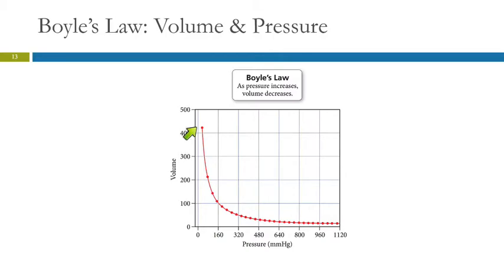And we see that the volume was initially quite high. As the pressure increases, the volume gets smaller and smaller. Now, this is not a linear relationship. This is a curve, right? We like to manipulate the graph so that we can get a linear relationship, because then we can use linear regression and find the equation for the line and get a nice equation out of this.